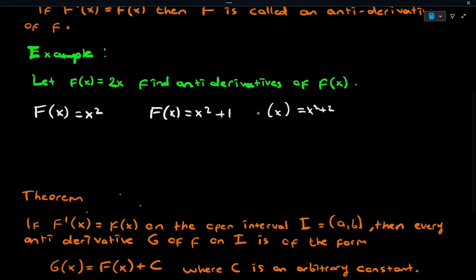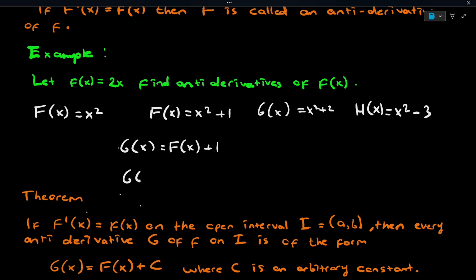For example, let me name this G of x. I can write G of x is equal to F of x plus 1. If I had another antiderivative for this function, for example, x squared minus 3, I could write G of x is equal to H of x plus 5. So the only difference is the constant we have.